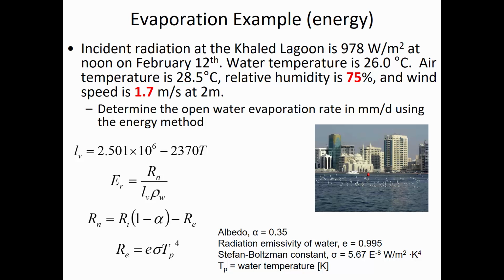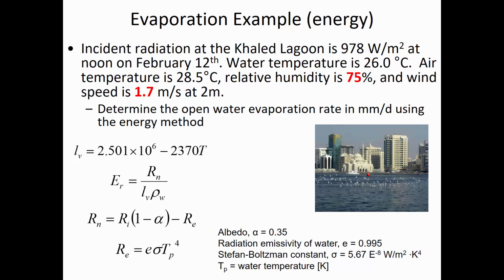If you punch those numbers into your calculator, what you'll get is 451.8 watts per meter squared. So just based on its temperature, that's how much radiation is going out into space from the water.